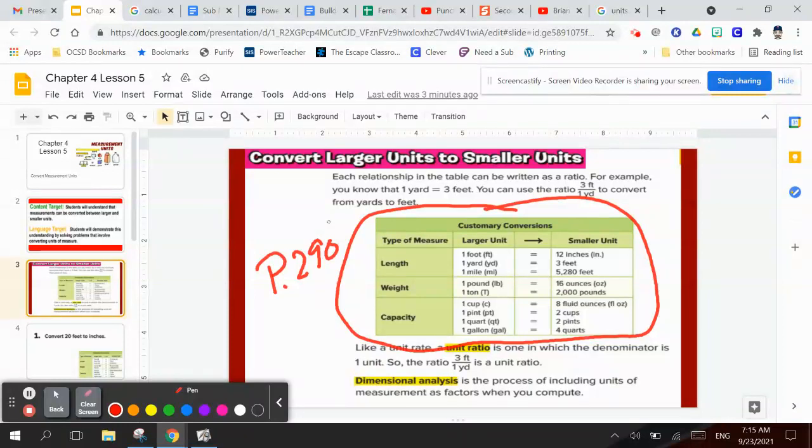Dimensional analysis is the process of including units of measure as factors when you compute. That's just saying that you have to have a label when you convert between larger units and smaller units. All of your answers today will have a label at the end.